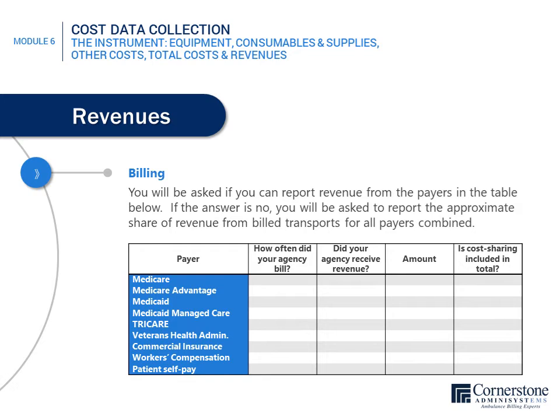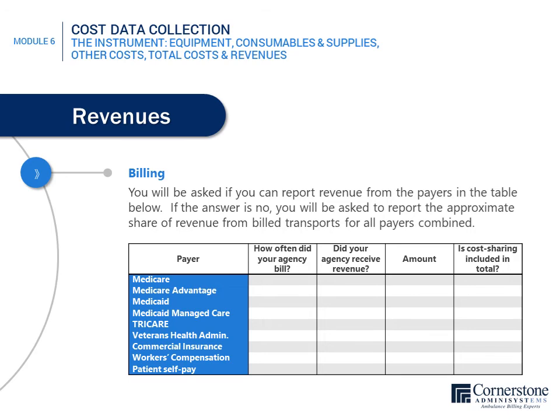As we take this table, we can see CMS is breaking it out into the normal categories here, Medicare, Medicare Advantage, so on and so forth. But they're not just stopping there. They want to see Medicaid, your Medicaid MCO plans, your TRICARE, commercial insurance, workers' comp, and patient self-pay. So you see, interesting, the second column there, how often did your agency bill?